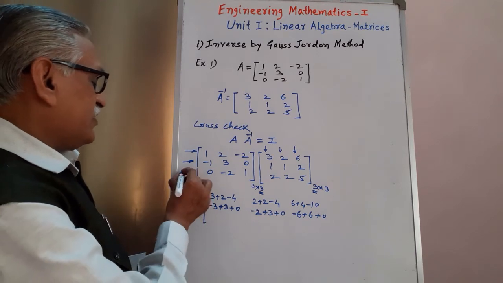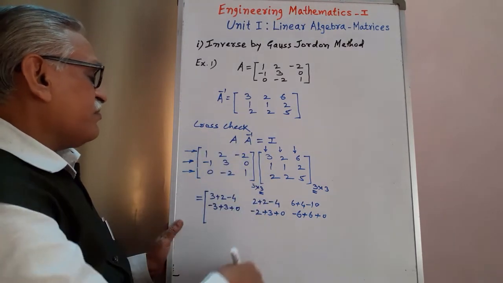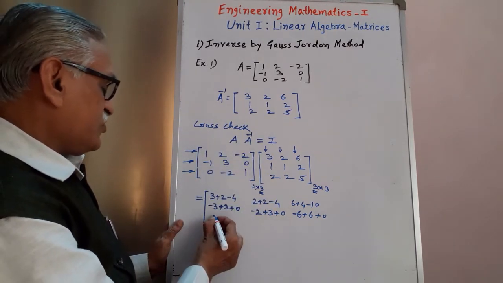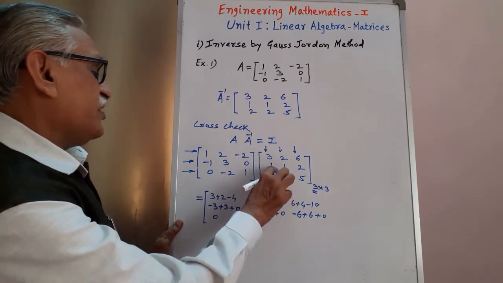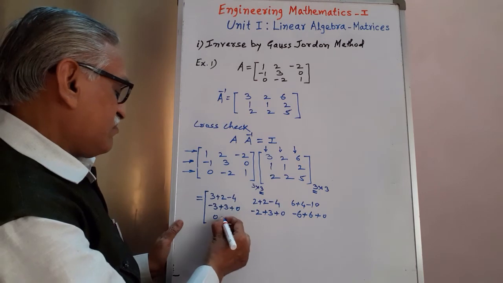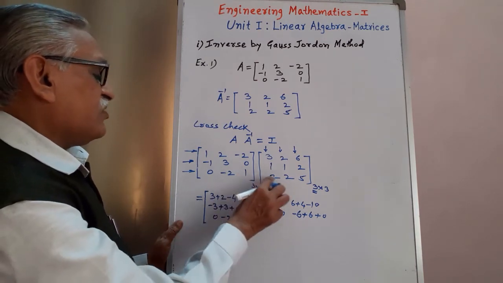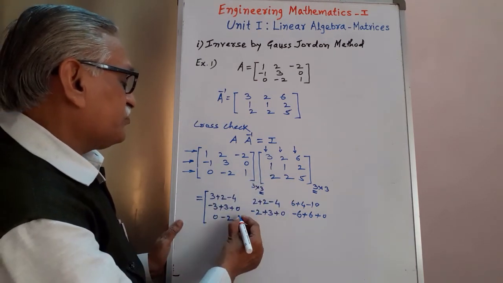Next, by the third row to the first column, 0 into 3 we get 0. Minus 2 into 1, and 1 into 2.